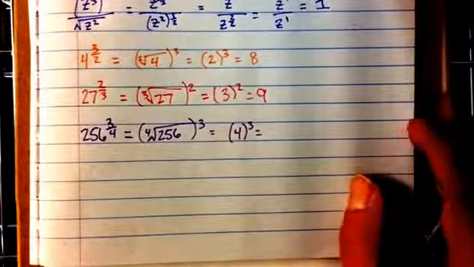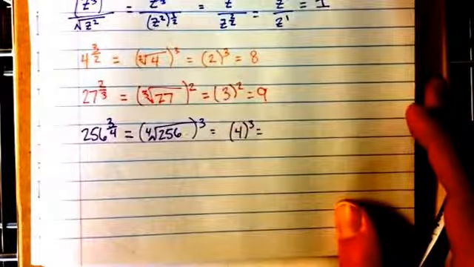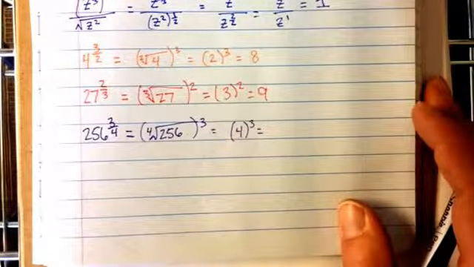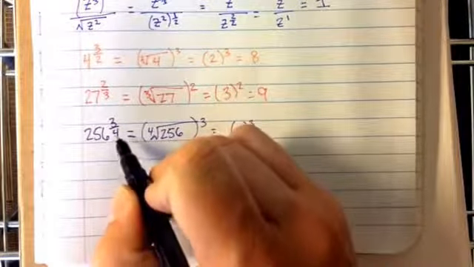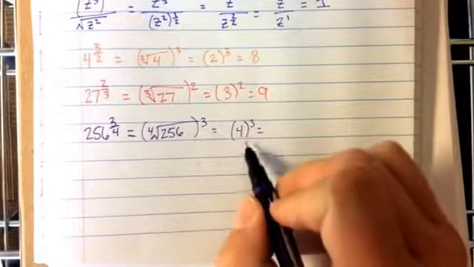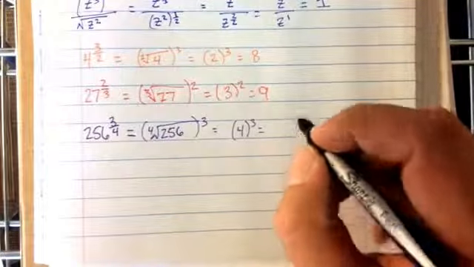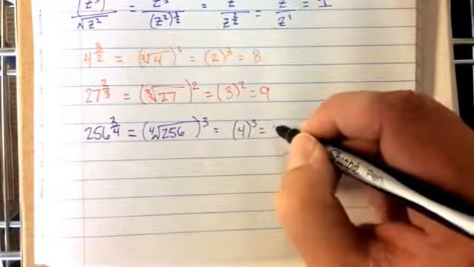We cannot divide exponents. We cannot use our exponents to divide the number. It just happened to work out that way sometimes. We have to make sure that we change it to this and use our steps. So 4 to the 3rd power is 64.